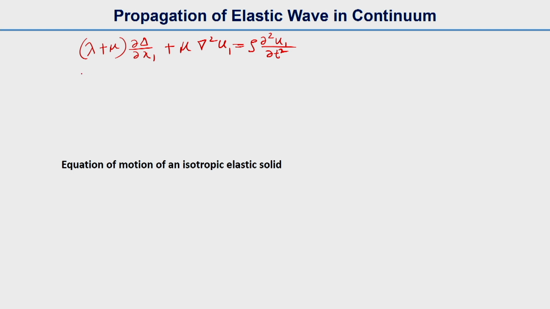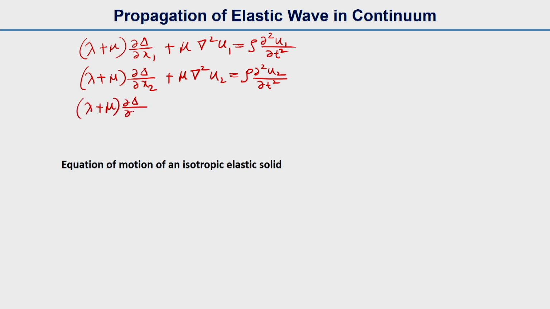So this is for the x1 direction. For the x2 direction we have lambda plus mu, the same, but with respect to x2, plus mu with the operator on u2, and rho times the second partial of u2 with respect to t. Similarly for the x3 direction we can write u3 and then the second partial of u3 with respect to t.